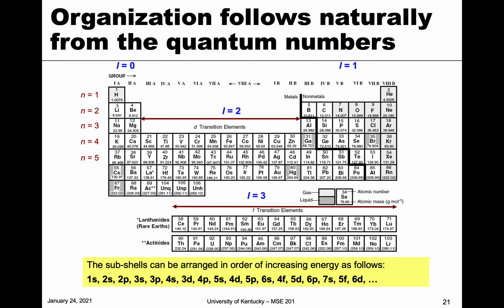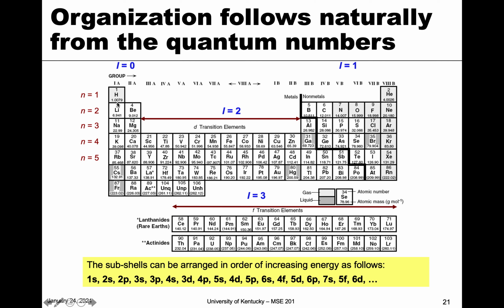Okay, so this is an example of a periodic table showing that organization that we just talked about. But the main thing I want to stress here is that the organization follows naturally from those quantum numbers that we talked about. The first row, or period, is n equal 1. And then the next rows, periods, are n equal 2, 3, 4, 5.